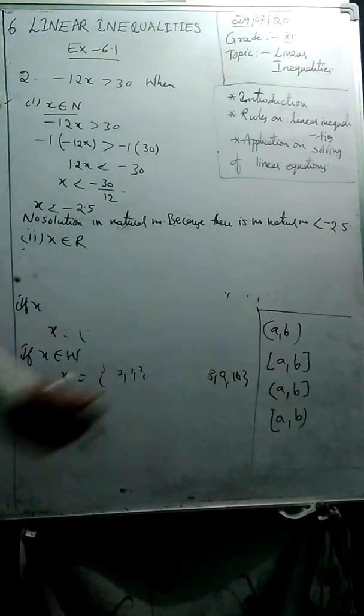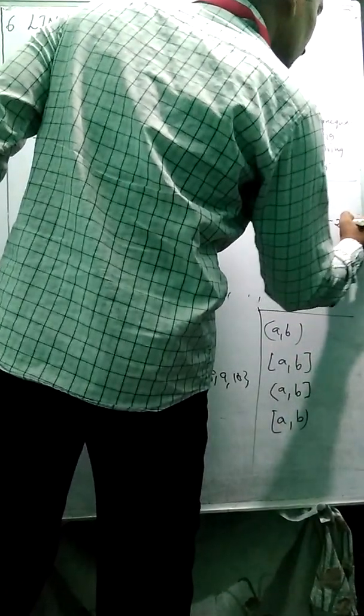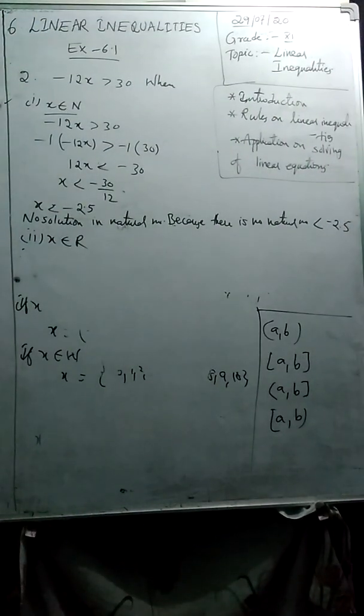Natural numbers are all positive numbers and start from 1, so there is no possibility.